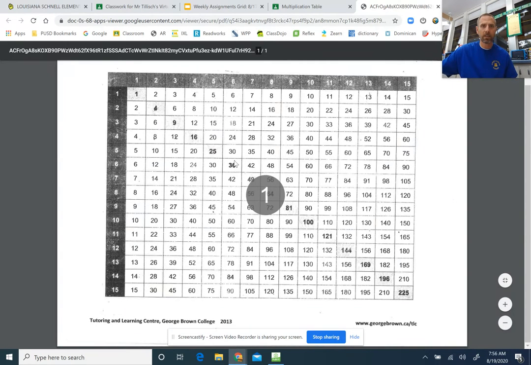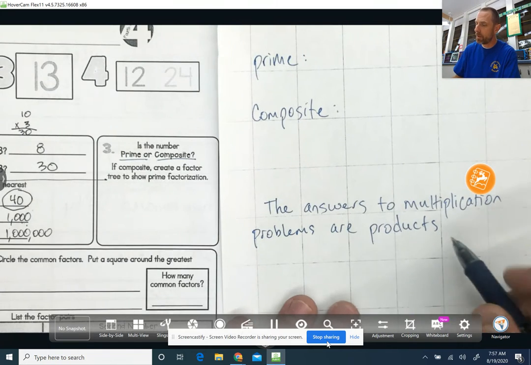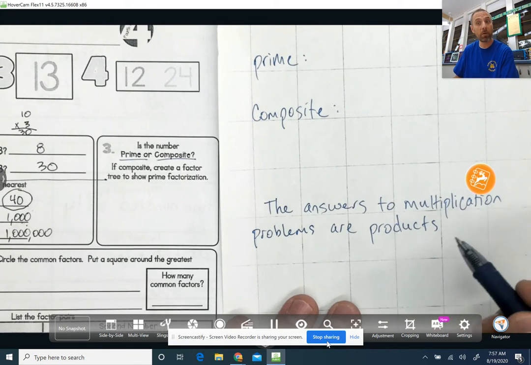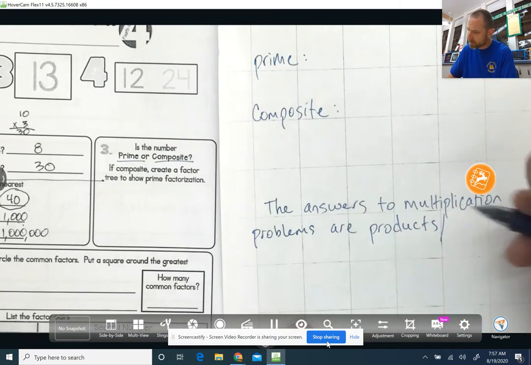Okay, all of these numbers here in these white squares, these are all the answers to some multiplication problems, especially those that we are memorizing using reflex math. The other name that we can give to all these answers in these white boxes, other than just saying those are the products, is that those are also the multiples.